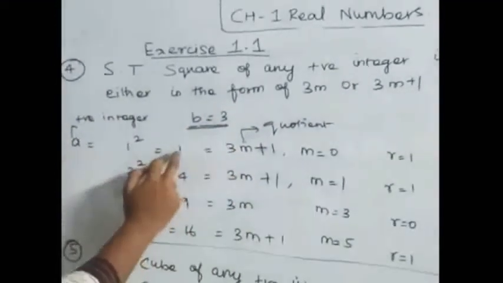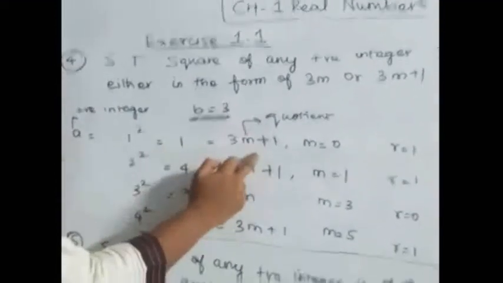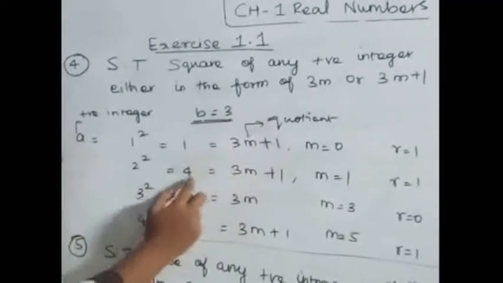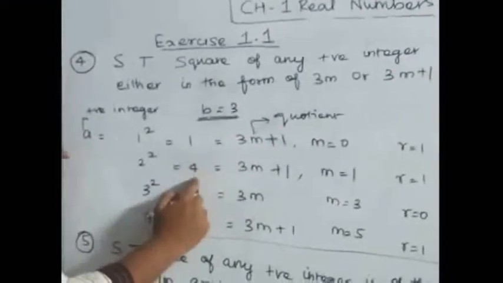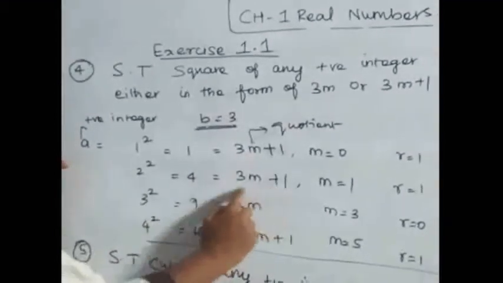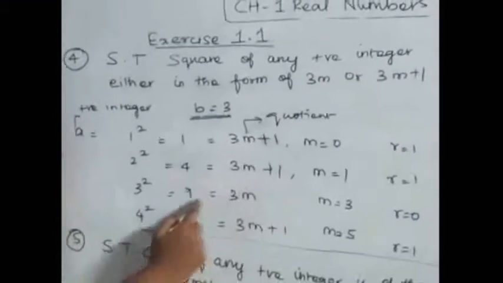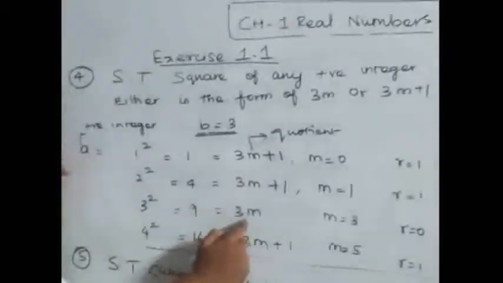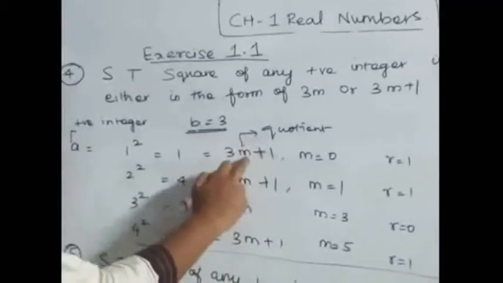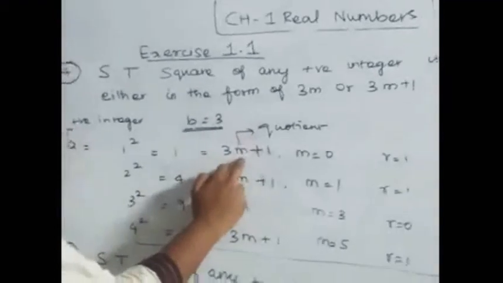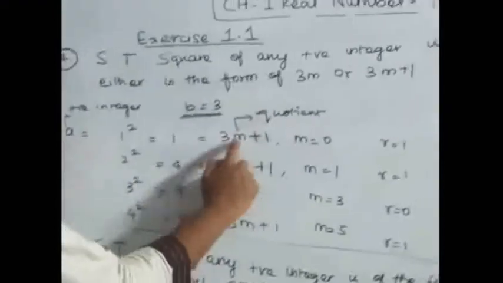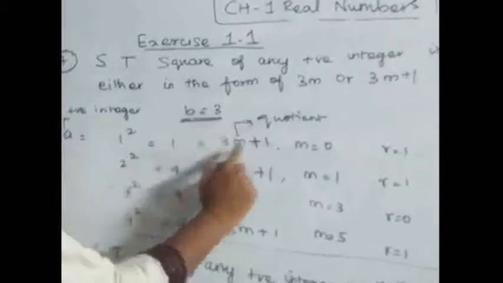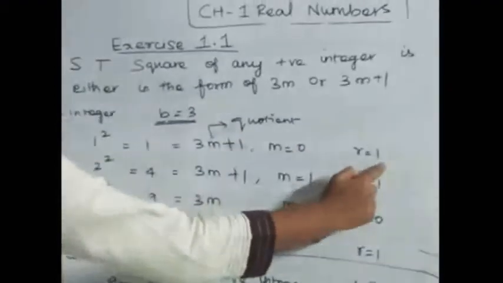If you divide 1 by 3, you will get the form 3m plus 1. If you divide 4 by 3, the form will be 3m plus 1. If you divide 9 by 3, you will get 3m. Here m is the quotient. For 1 divided by 3, the quotient is 0 and the remainder is 1.